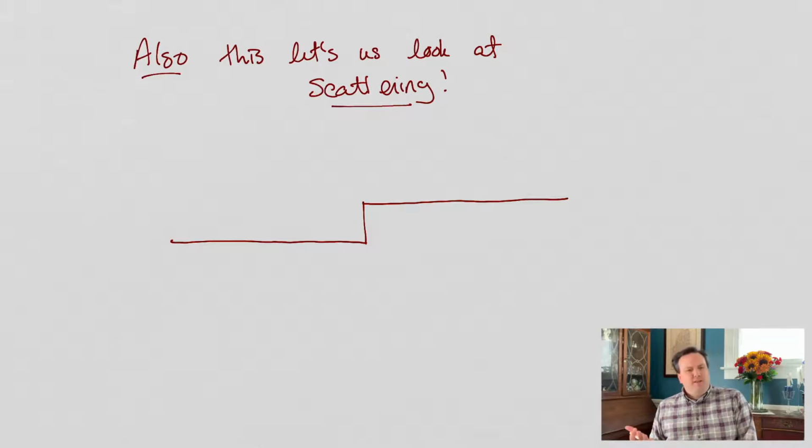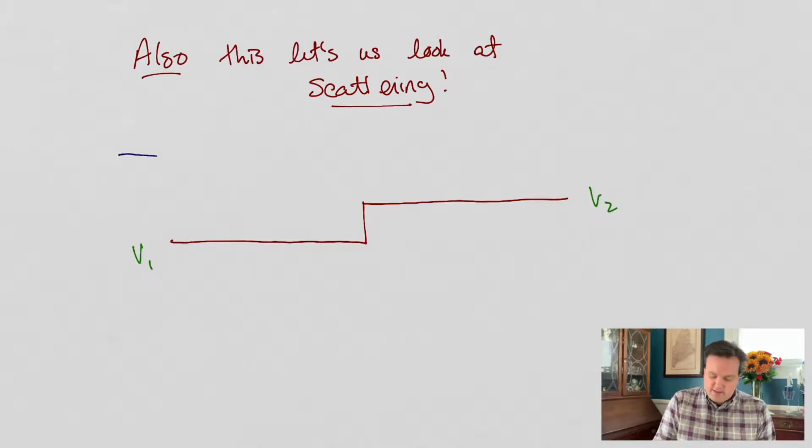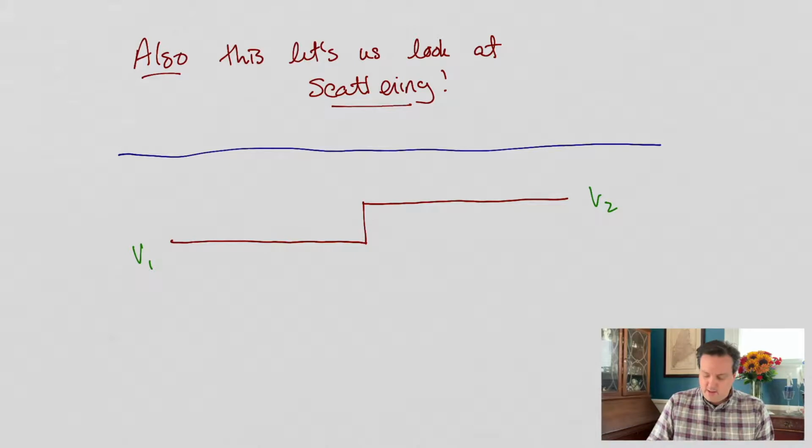But what's beautiful about this is now I can use this process for all sorts of phenomena. One that we look at a lot is this idea of scattering. So if I have this sort of potential where I have V1 on the left and V2 on the right, and the energy of my state is up here, so this is my energy, I'm going to have complex exponentials on both sides.